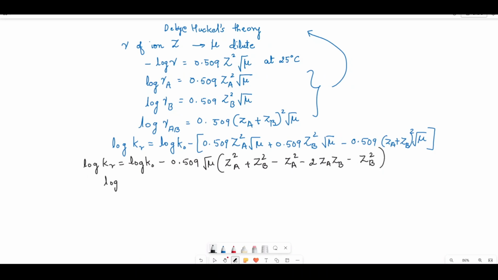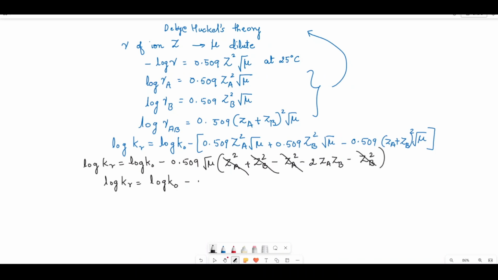Therefore, log of Kr is equal to log of K0 minus ZA square plus ZA square minus ZA square gets cancelled. ZB square minus ZB square gets cancelled.